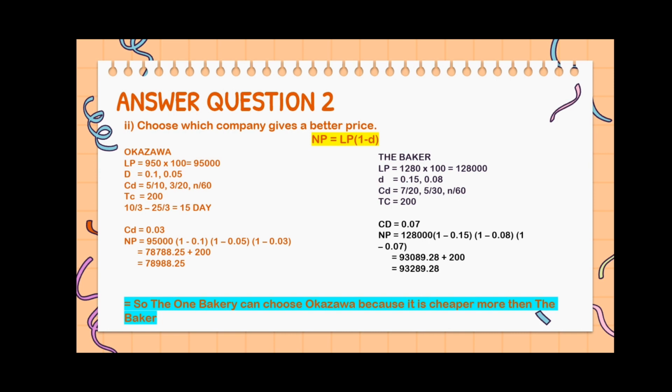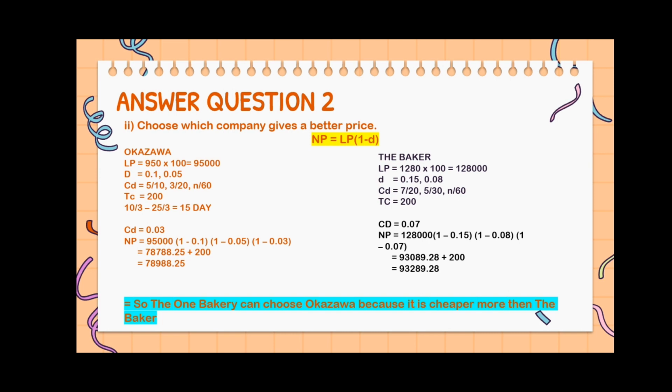So the answer is 78788.25 plus 200, and then we get 78988.25. So that's the answer for Okazawa.